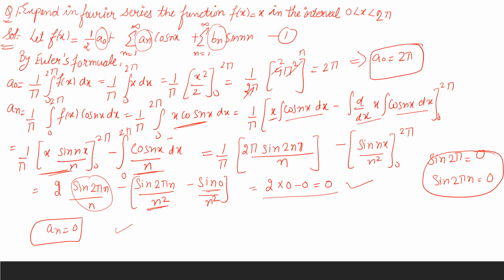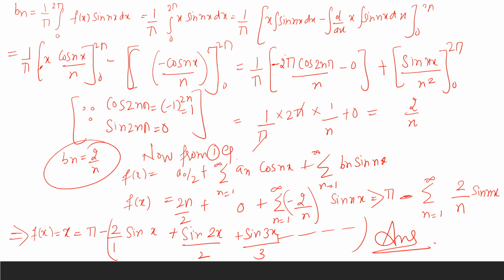Now we want to find bn, that is 1/π ∫ from 0 to 2π f(x) sin nx dx. Here we put the function value x: 1/π ∫ from 0 to 2π x sin nx dx.